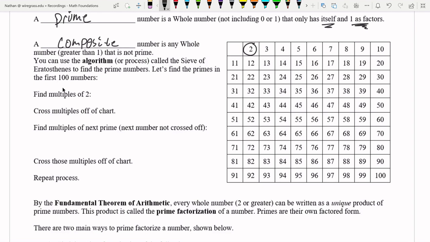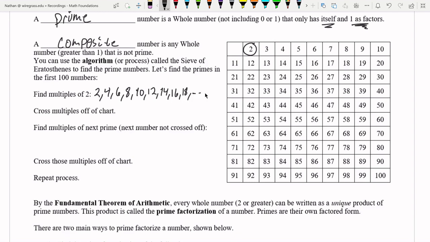We're going to look at the multiples of the prime number we are looking at, which is 2. The multiples of 2 are 2 times 1 is 2, of course, then 4, 6, 8, 10, 12, 14, 16, 18, and so on.